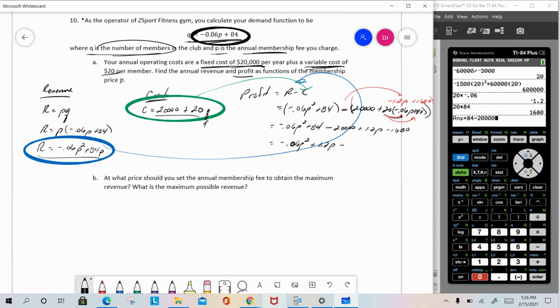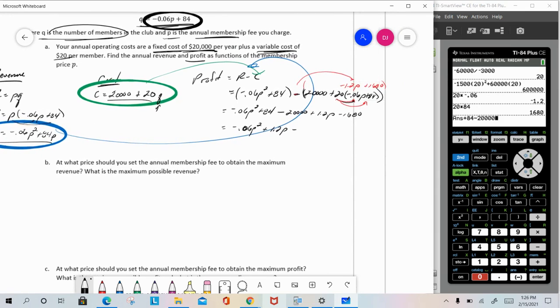I forgot way back here to distribute that P. So let's save that right there. That's a P. Now I feel better. I apologize. So we've got 84p and 1.2p. So that should be an 85.2p. Then minus 20,000 and minus 1680 is minus 21,680. So that's my profit.